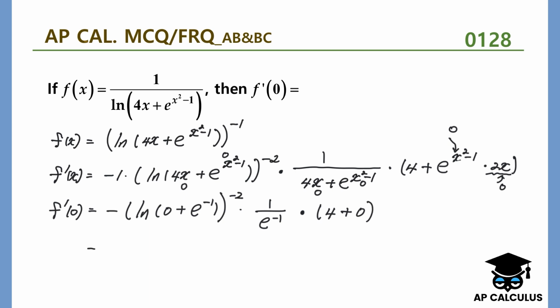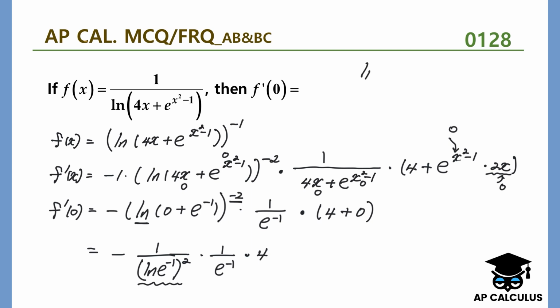So that is equal to negative. Here, this is natural log e to the negative 1, right? But we have a power negative 2. So I'm going to write e to the, natural log e to the negative 1, squared, right? Times 1 over e to the negative 1 times 4, right? So let's simplify this.